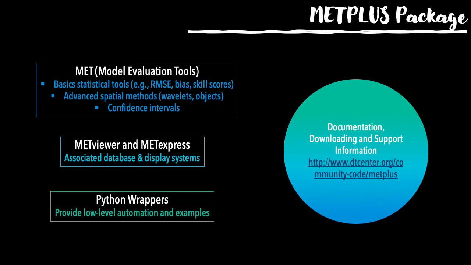MET, which stands for Model Evaluation Tools, includes all the basic statistical tools such as root mean square error, bias, etc. It also includes some more advanced spatial methods like wavelets and objects, as well as confidence intervals. METviewer and METexpress are the associated database and display systems. And there's a suite of Python wrappers to provide low-level automation and examples, also sometimes called use cases. For all documentation, how to download, and for support information, see the link provided here in the circle.